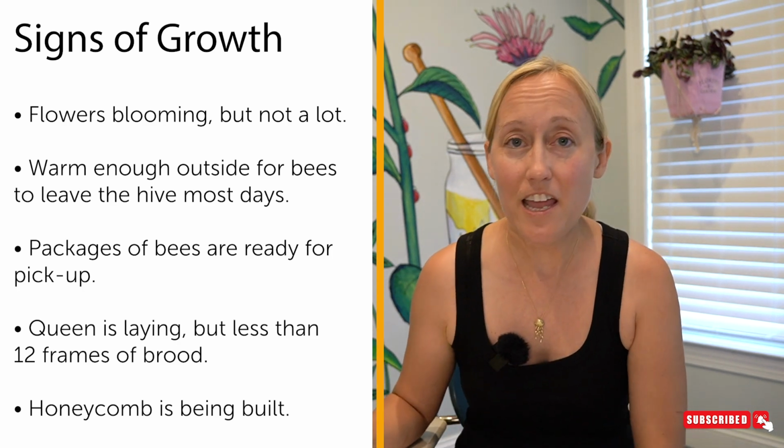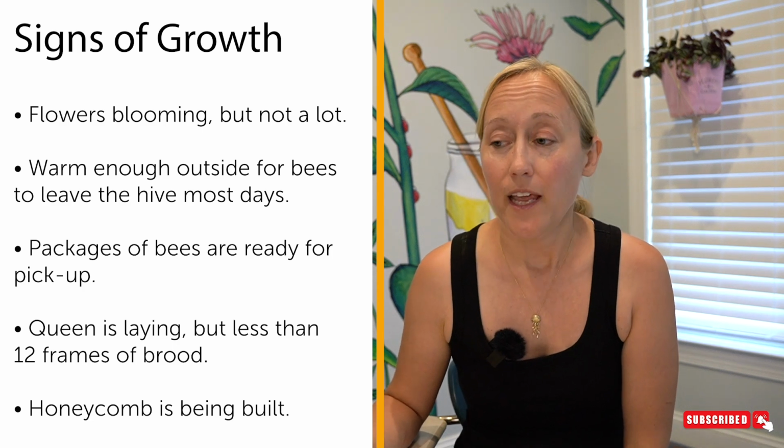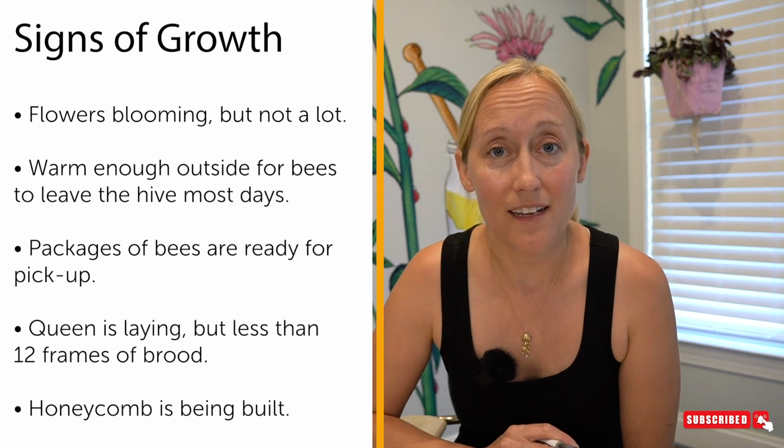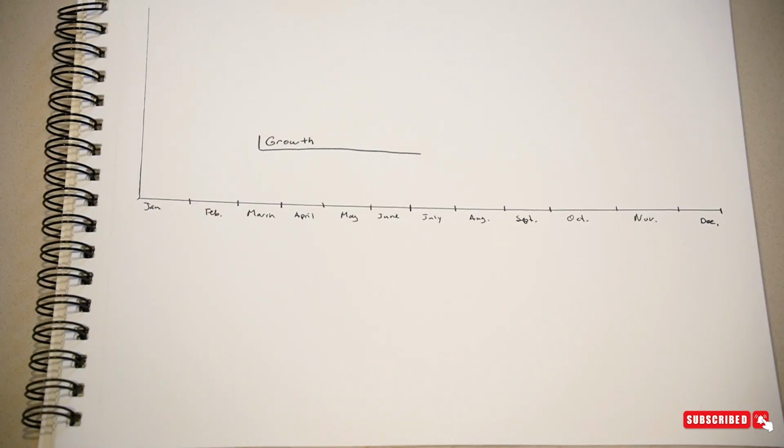Now, it is okay if you are off a little bit with this. This is going to change a little bit, and we're going to continue to edit this over the course of years as a beekeeper. Right in the middle of the chart, I put in the middle of March, which is kind of the start of the growth period here. If you're picking up a nuke locally, then the growth period started weeks before because the bees started growing a while ago.